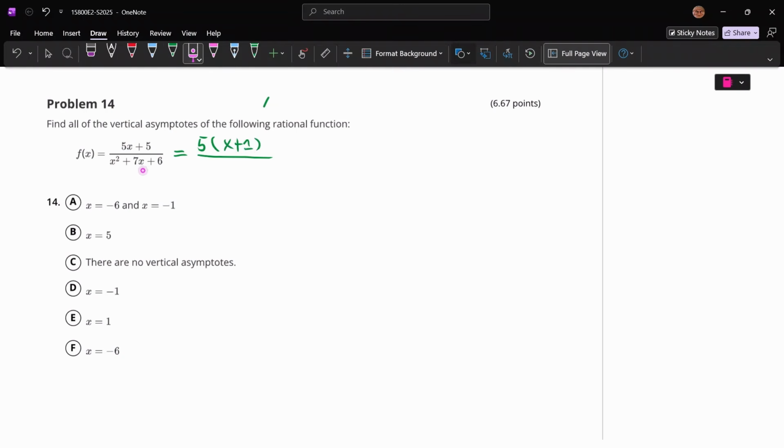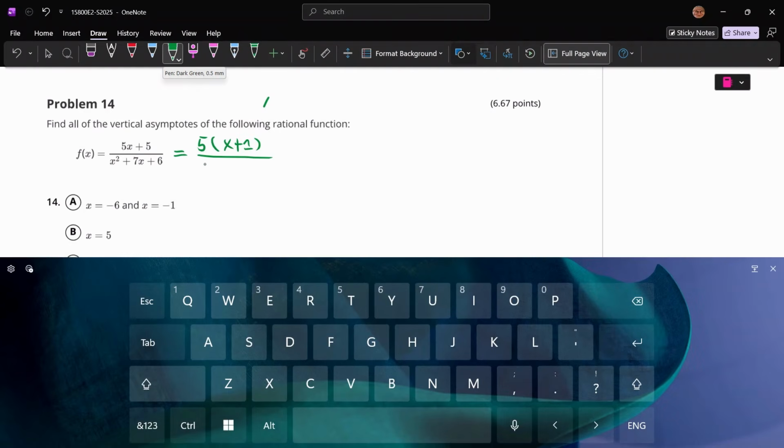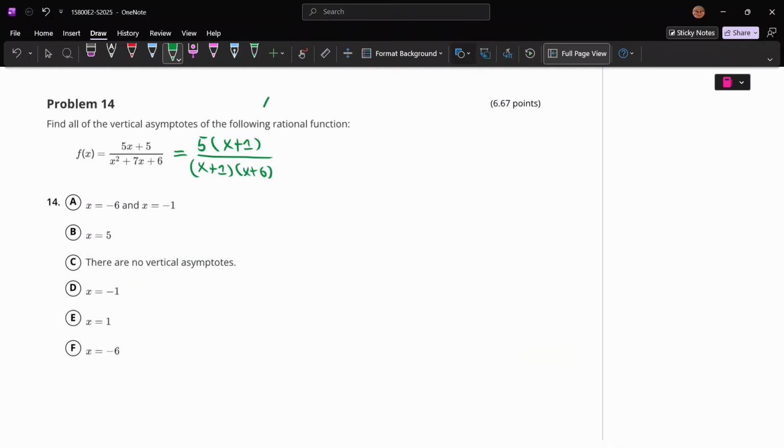And then I'm going to do the same thing on the denominator. We have x squared plus 7x plus 6. Instead I'm going to factor that, and when you do that, you end up with (x plus 1) times (x plus 6). And this is going to tell us where our vertical asymptotes are. An asymptote is a discontinuity, so it's a place where your function is undefined.